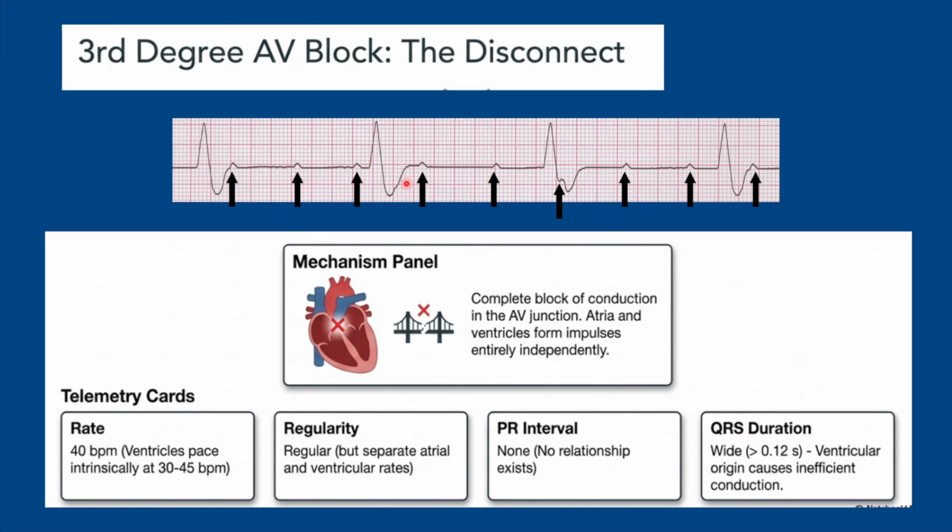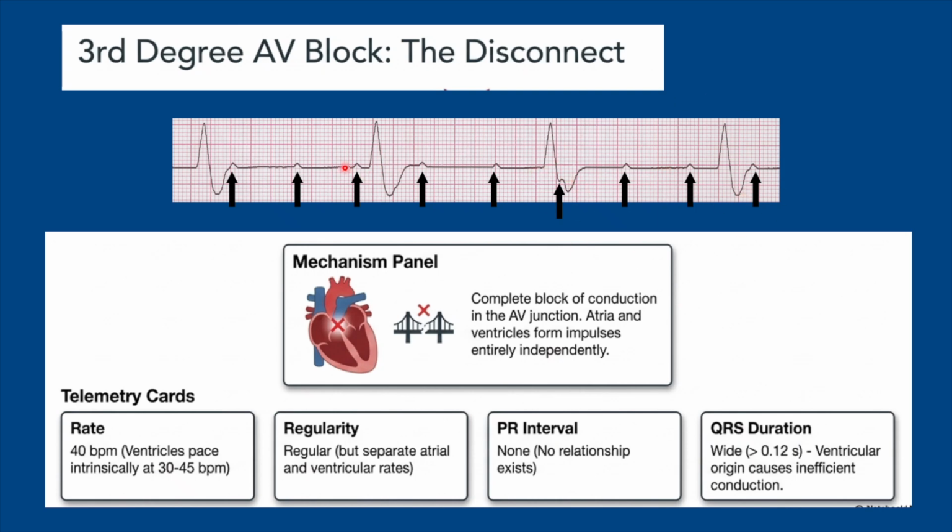Maybe here, maybe in the middle of the T wave, maybe before the QRS, maybe after. So there is no relation, complete dissociation between the P wave and the QRS. Second point, because the QRS here represents the impulse generated in the ventricle, it will take the ventricular pattern, which is wide.